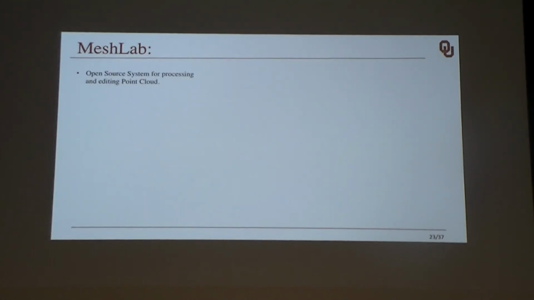So now I will introduce MeshLab. MeshLab is software you can use to do some processing and show point clouds. It's available on Mac, Windows, and Linux, and it's open source, so you can just clone the source and build it. The main use here is to show the points.